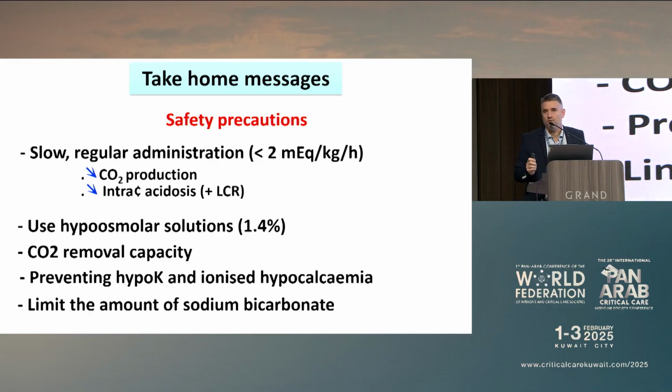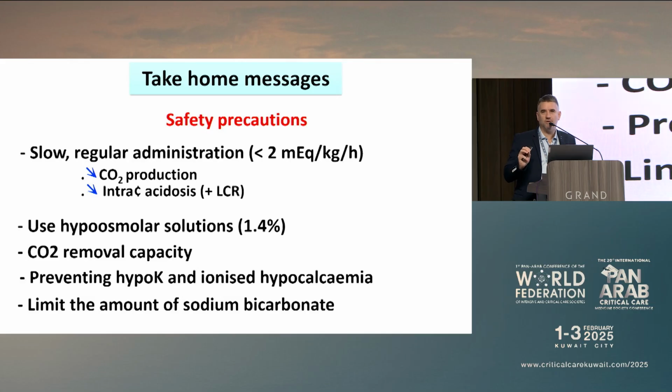If you use sodium bicarbonate only for specific patients, the best is to use a slow and regular administration, less than 2 milliequivalents per kilo per hour, to avoid a massive CO2 production and an intracellular acidosis, and also perhaps a rebound alkalosis. The best is probably to use a hypoosmolar solution, 1.4%.